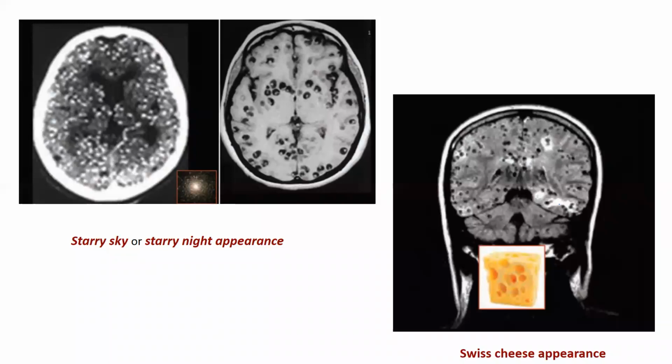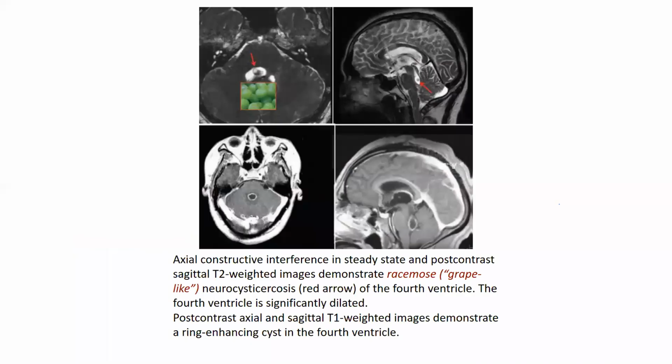So starry sky appearance or starry night appearance and Swiss cheese appearance, both are seen when there are a large number of neurocysticercae. And this is the name given to the presence of multiple cysticercae inside the fourth ventricle, and it is called the racemose or grape-like neurocysticercosis in the fourth ventricle.